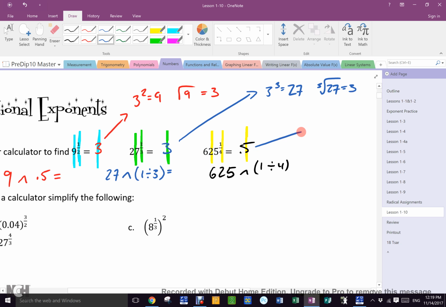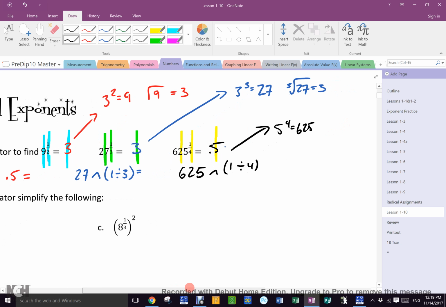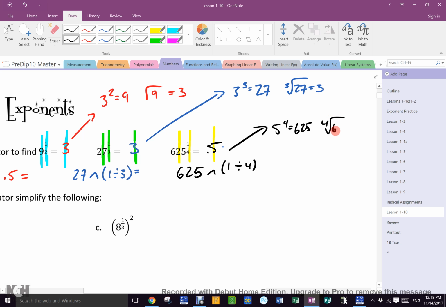And we know that 5 to the 4th is 625, and we know the 4th root of 625 is 5. So, look closely. What number should be right there?